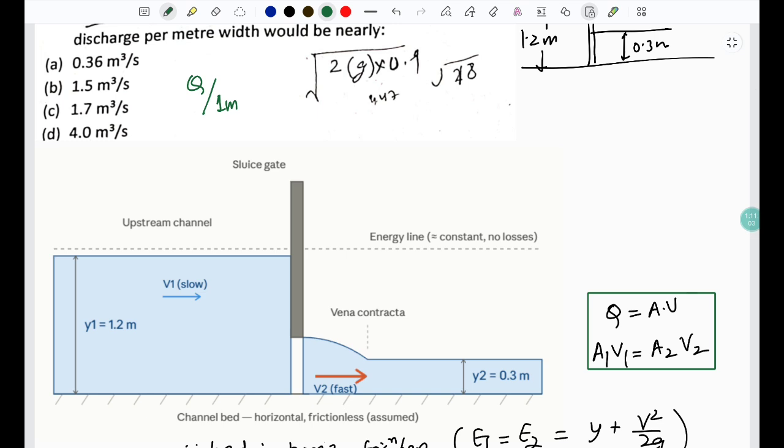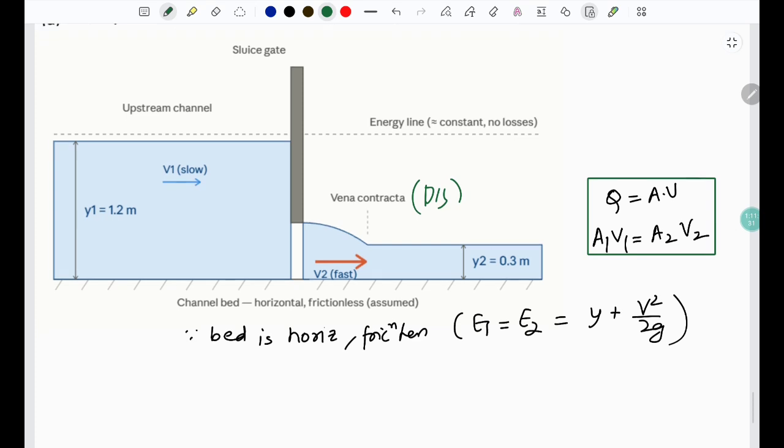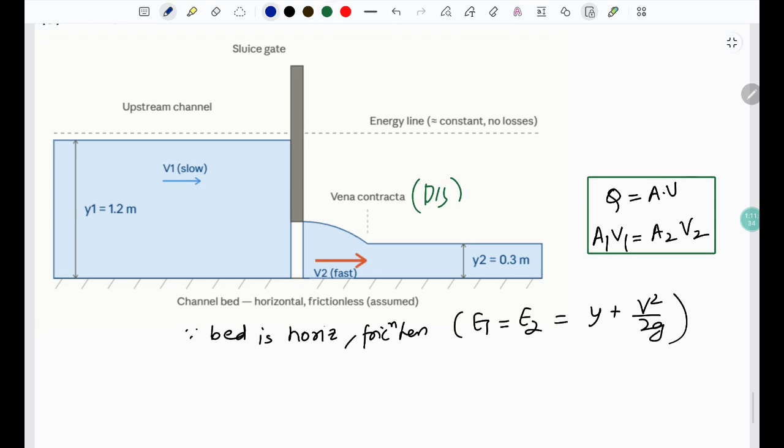At the upstream of the sluice gate, due to higher depth, the velocity will be lesser, and just below the gate where Vena contracta forms in the downstream will have a higher velocity and lesser depth. So maintaining both the specific energy conservation, assuming that there is no friction loss, and continuity equation, we'll have two equations to solve this question.